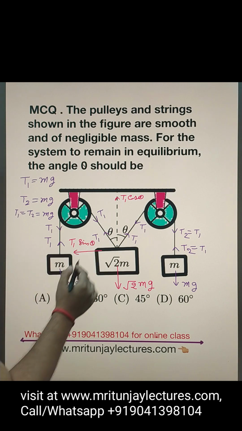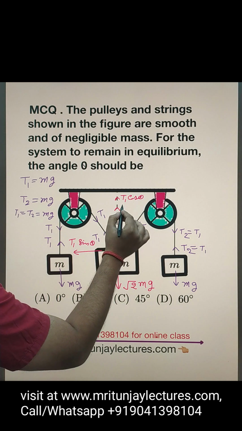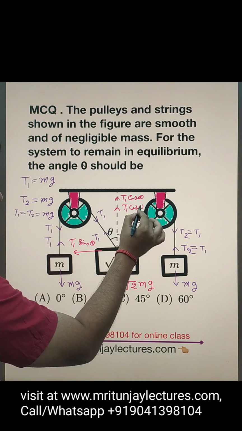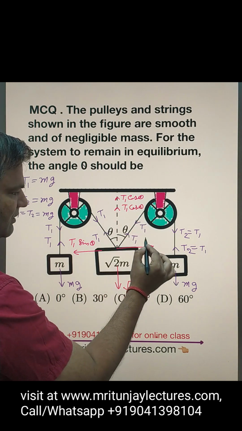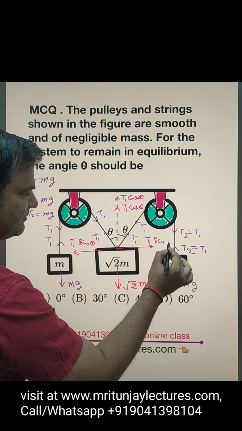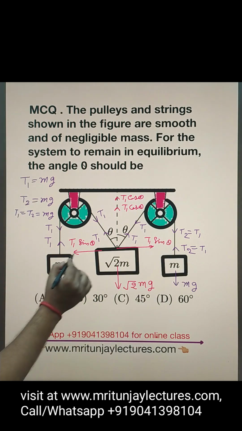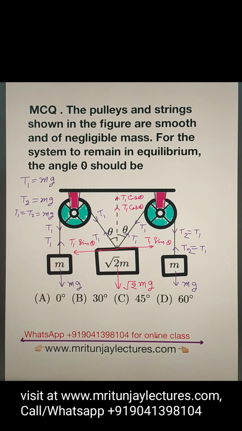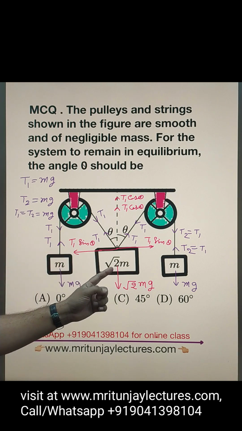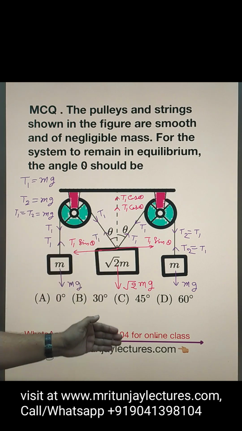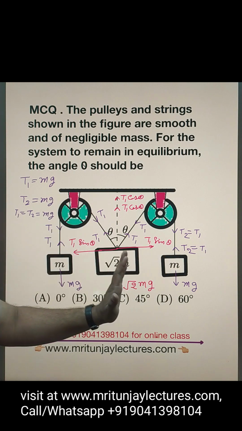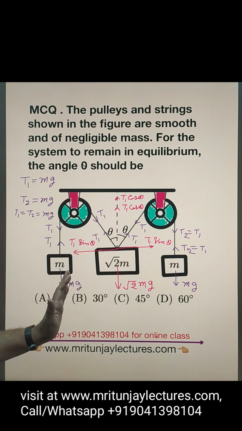And the T1 component along this direction is T1 cos theta, and here T1 sin theta. Clear? And this root 2 m block is not going downward or upward or in the positive x direction or minus x direction.